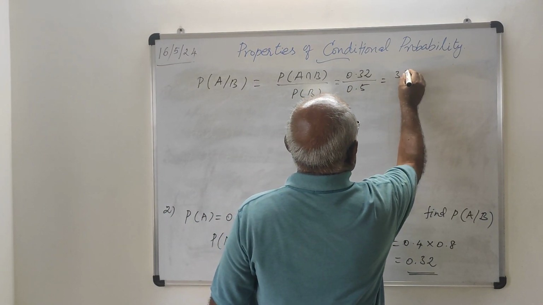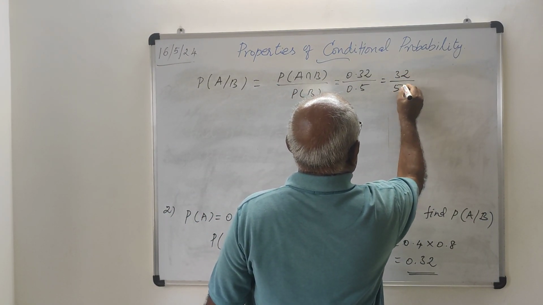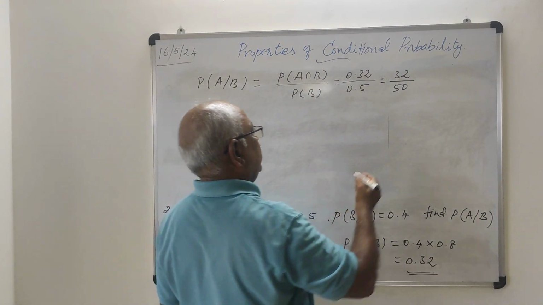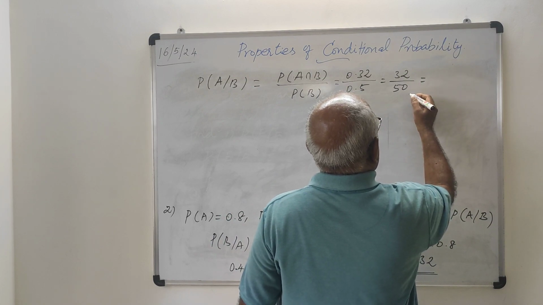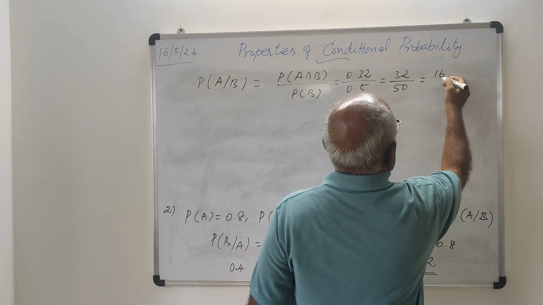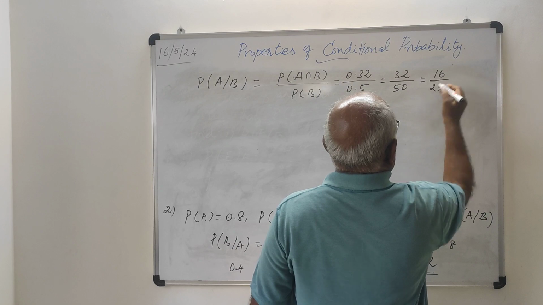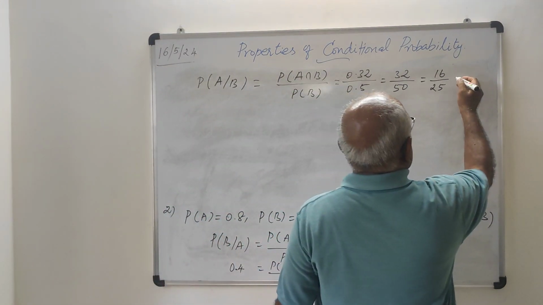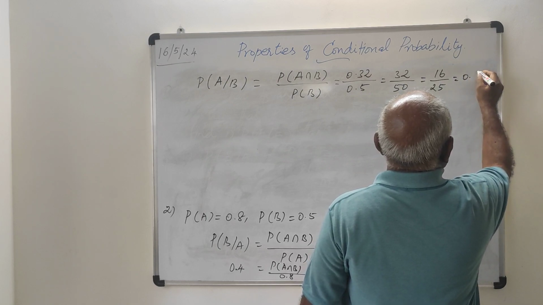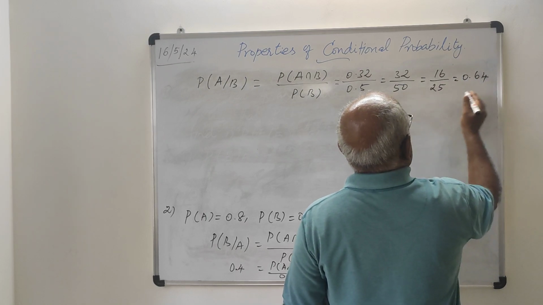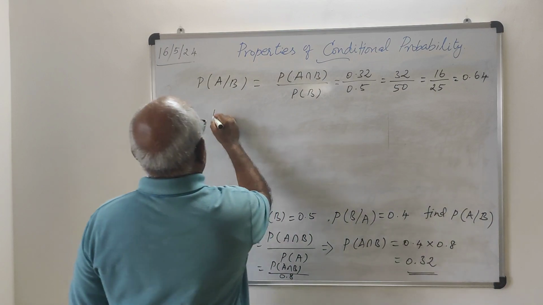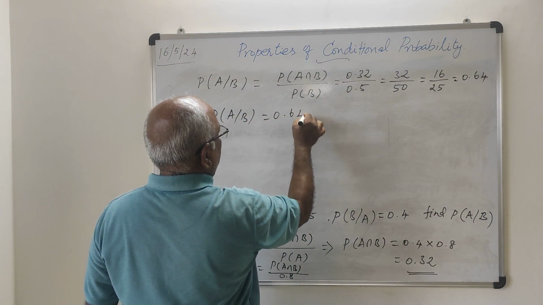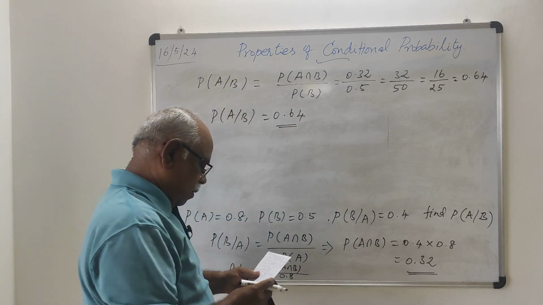So this is equal to 32 by 50, which on simplification is 16 by 25, that is nothing but 0.64. So P of A slash B is equal to 0.64. This is the answer for the problem.